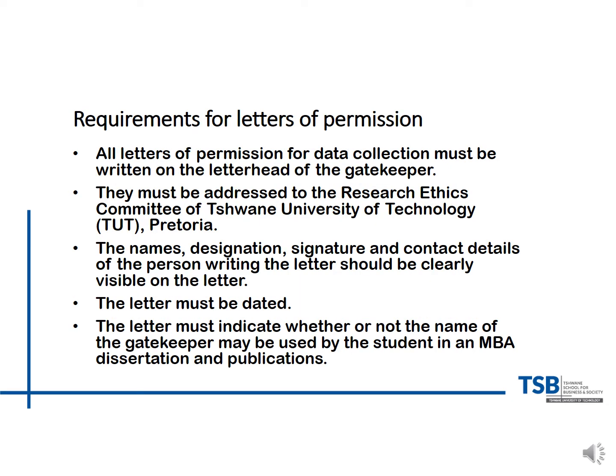And letters of permission must be submitted as part of research ethics approval, and those letters are very important. In some cases, the research ethics committee may demand additional clarifications, and please be aware of that.